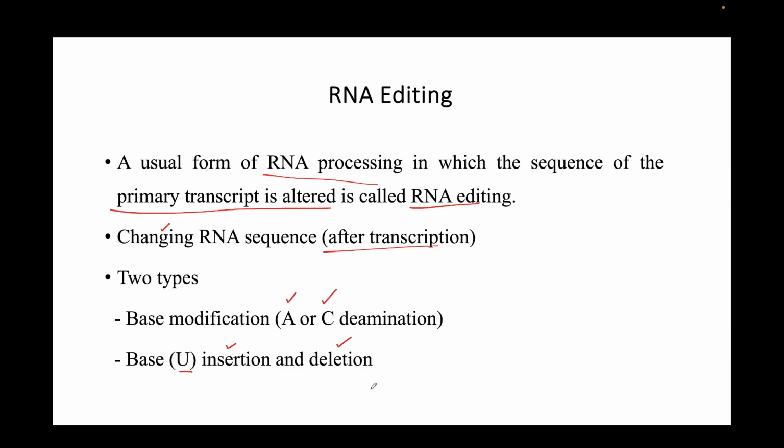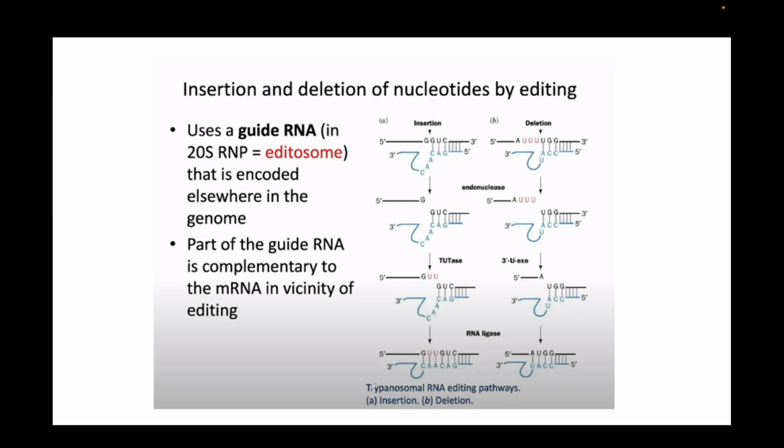Fine. Here I'll be discussing only a few parts. You can go through the lecture videos as time suggests; I am trying to cover this briefly. So here we will be talking about insertion and deletion of nucleotides by RNA editing, where we use a guide RNA in the 20S RNP or editosome that is encoded elsewhere in the genome. Part of the guide RNA is complementary to the mRNA in the vicinity of editing.